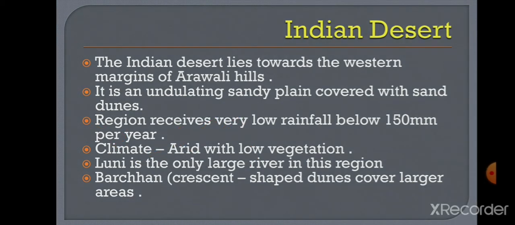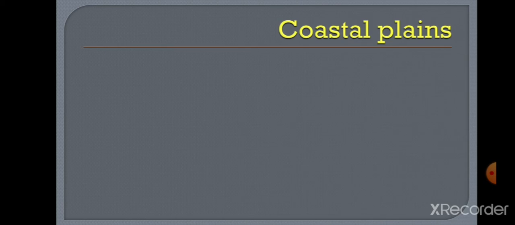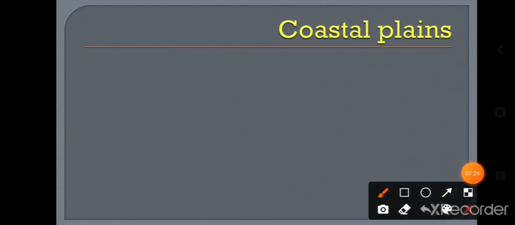Okay, now our next topic will be the coastal plain. Now we are going to understand what the coastal plains are. I have told you about the Western Ghats earlier. Now assume that this is the southern part of India, and this is the Western Ghat and this is the Eastern Ghat, then this area where I am dotting will be considered the coastal plains, the coastal area.